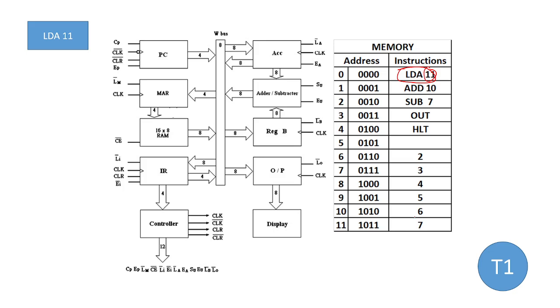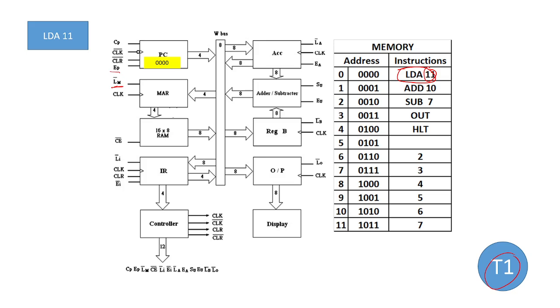We're going to fetch this later. So the program counter initializes to 0000, and at T1, so here we are now at T1, we activate the EP and the LM pins.